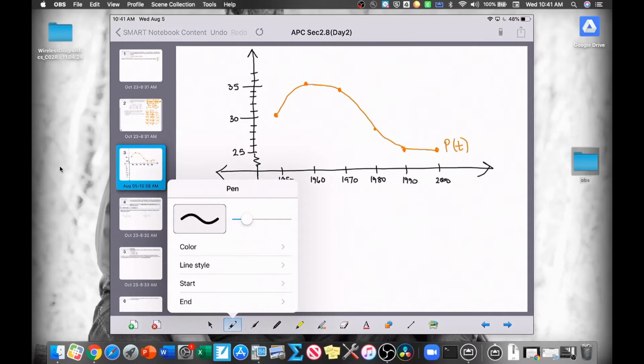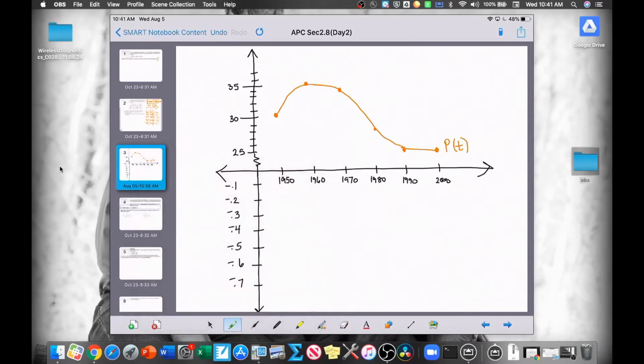All right. So when I plot these, at 1950, my slope was positive 0.46. So that's going to be just above my x-axis. And if I was counting by the same scale above as below, it would be about right there.